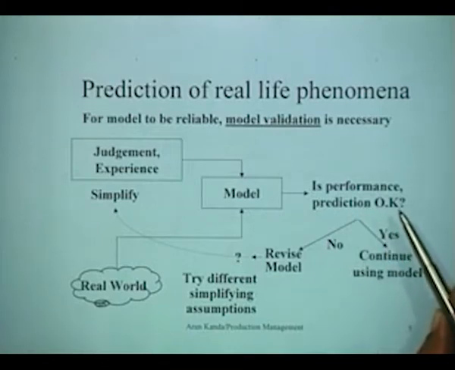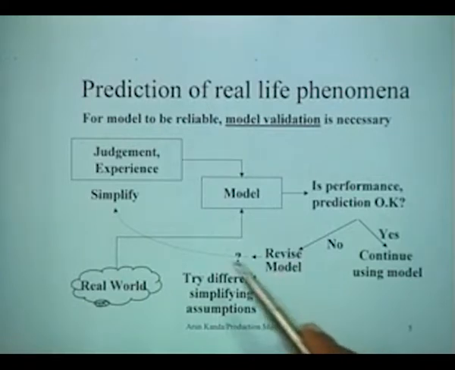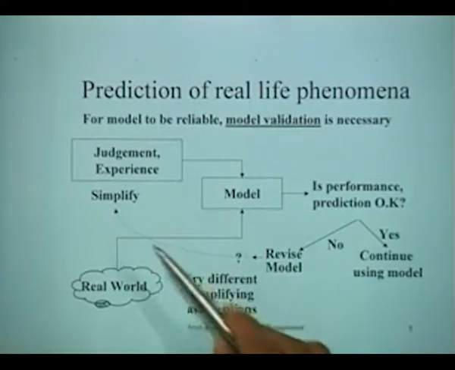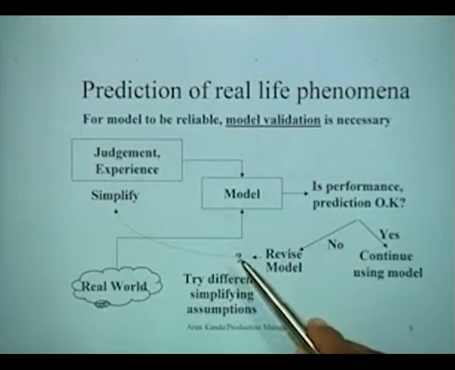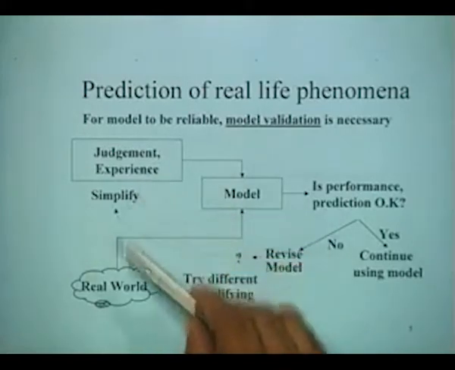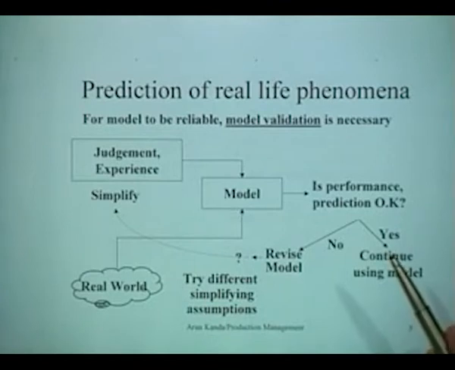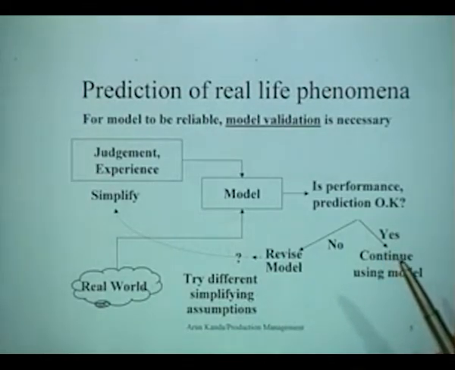And if the performance is okay, you continue using the model. If not, you have to revise the model. The revision of the model could generally take place either in terms of simplifying some assumptions or introducing some additional complexities into the model, and so on. So, which again refines your judgment and experience, and this is then an ongoing process which helps you to make models, refine models, and use them for purposes of decision making, because our intent here is to see how models are useful for decision making.